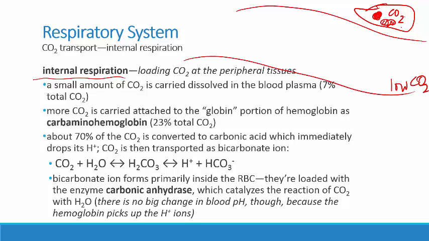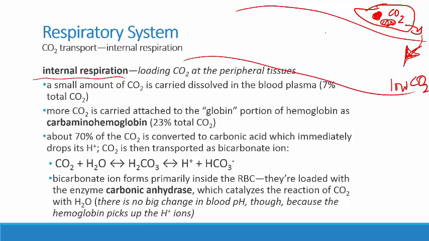And so the CO2 goes right across the cell membranes, dissolves in the tissue fluids, and then because the blood is so low in CO2, it can move right on into the bloodstream and dissolve there in the blood. A small amount of CO2, about 7%, is carried in blood plasma. Still lots more than the 2% of oxygen that was carried there.